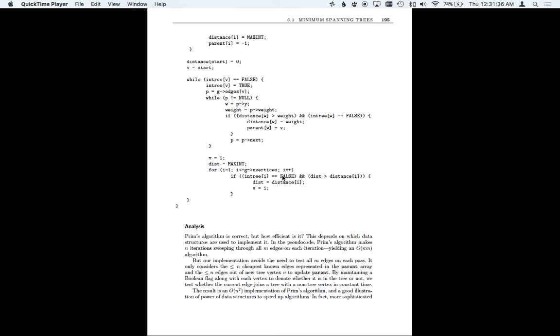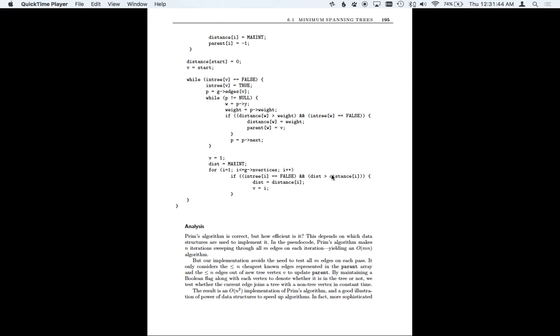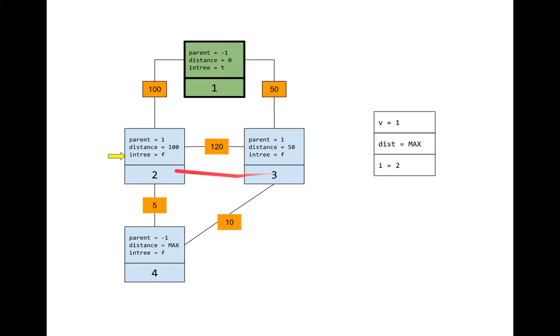And then we ask, okay, is in tree for city number 2 equal to false? And the answer is yes, it is. This is not yet in the tree. So then we look at the other part of the condition for this if block. Is it true that the distance for city 2 is less than the dist variable, which again is the lowest cost that we have seen so far for getting to a new city of all the cities we've iterated through? Now, is this less than this? And the answer is yes.